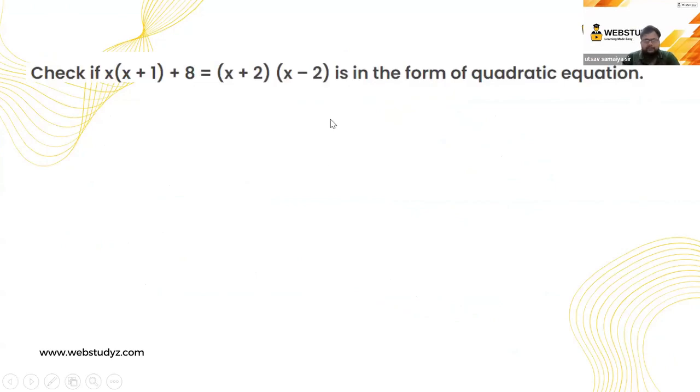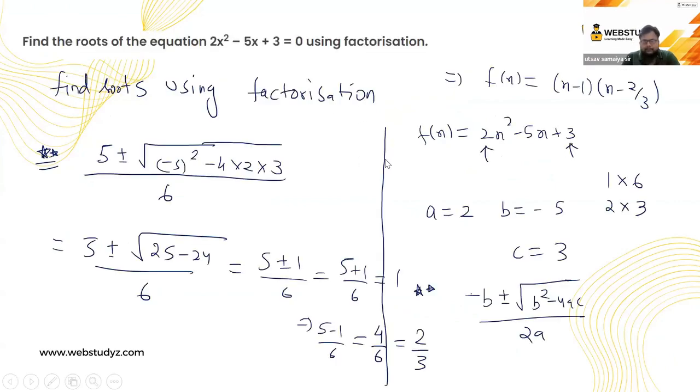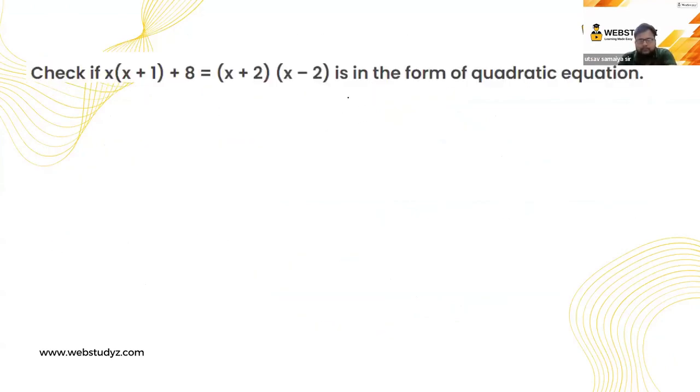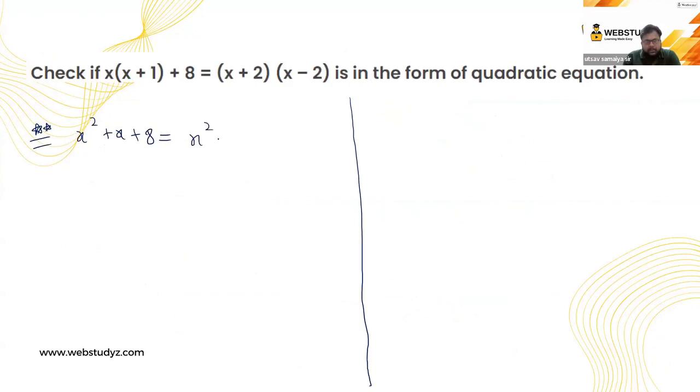Now this is our next question. We need to check if this is forming any quadratic equation or not. Just multiply first. X square plus x plus 8 is equal to x square minus 2x plus 2x minus 4.